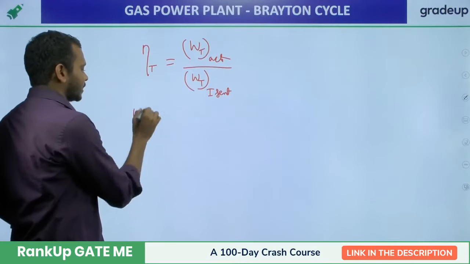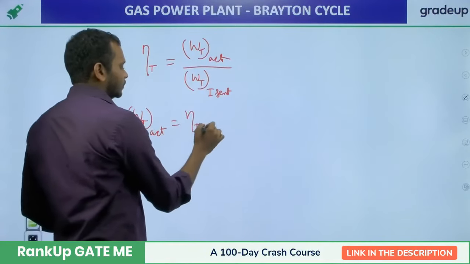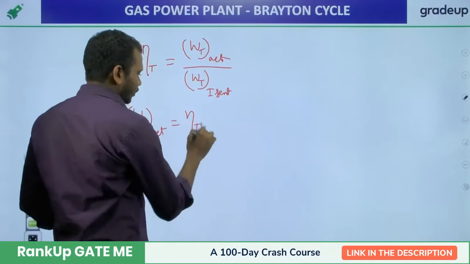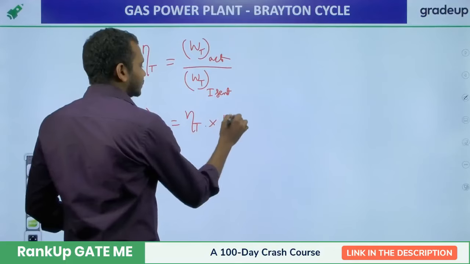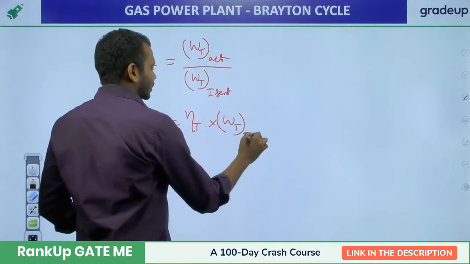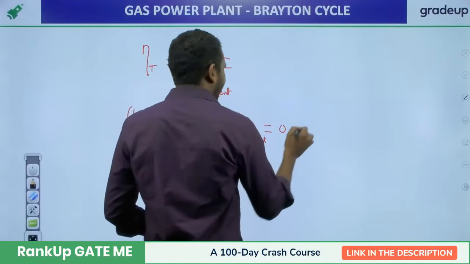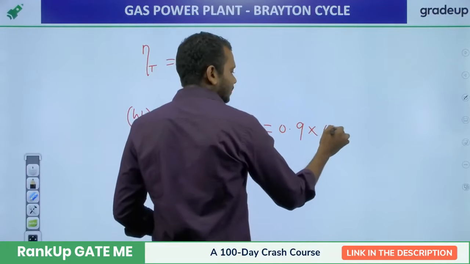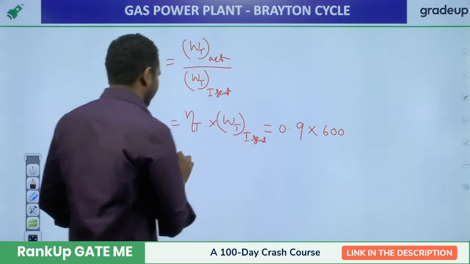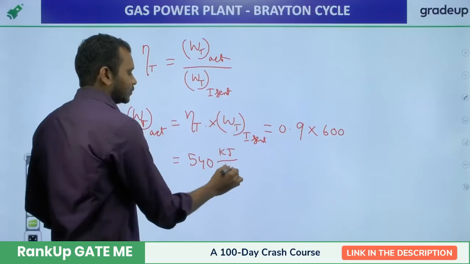Therefore, the turbine actual work is equal to the efficiency of the turbine into the isentropic work. Isentropic work means what we have calculated, which is 600, and turbine efficiency is 0.9. So this is equal to 540 kilojoule per kg.